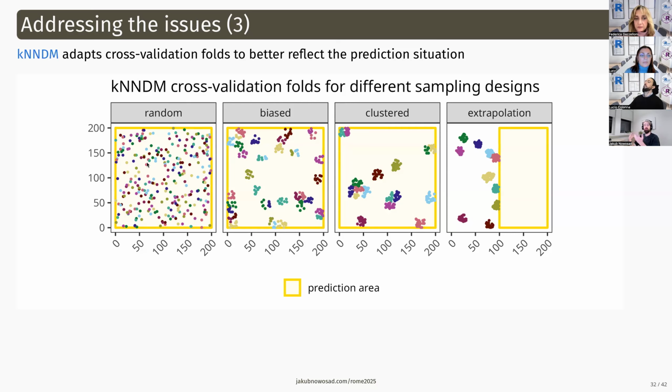And this works when we have a random sample. But in case of other samples, like in our case, we probably have a sample like this. It's a cluster sample, meaning that there are many points close to each other, but there are also many areas without any points. Then what we want to do is predict on the group of points that are far from each other, because this is the actual prediction situation we want to apply.